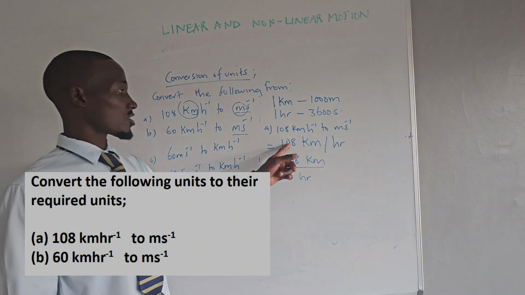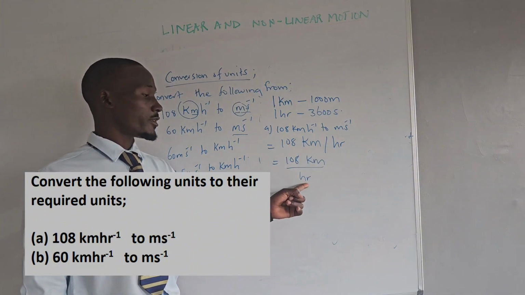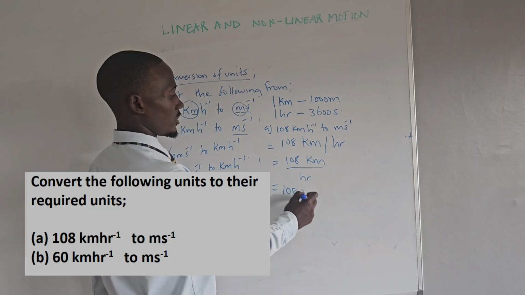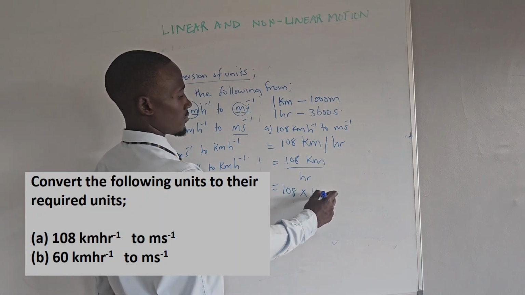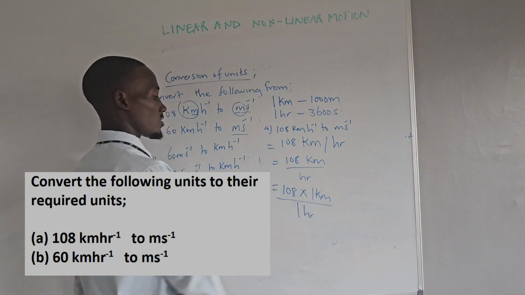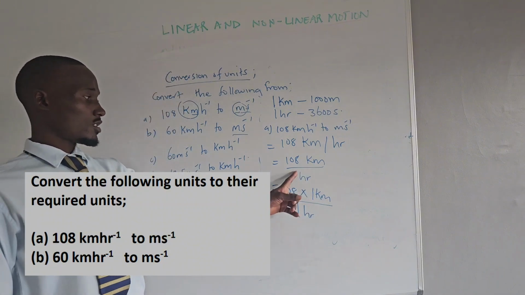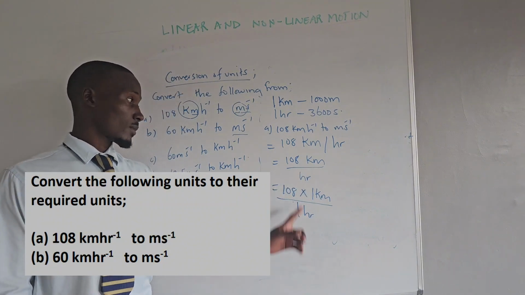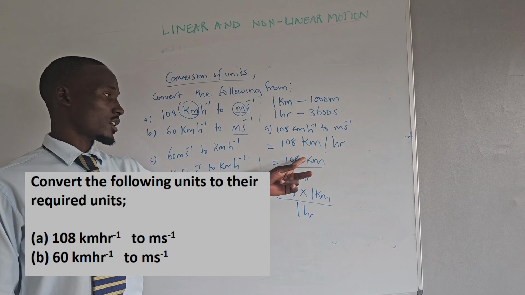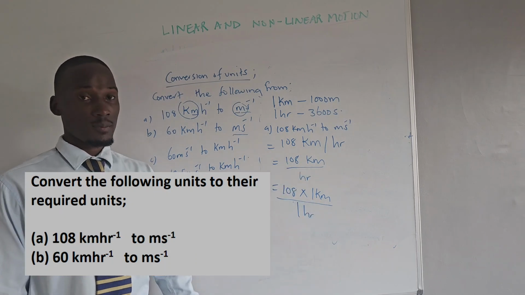You know that this is the same as 108 times 1 kilometer over 1 hour. If it is just hour, it means there is a silent 1. Same situation here. This is the same as 108 times 1 kilometer.